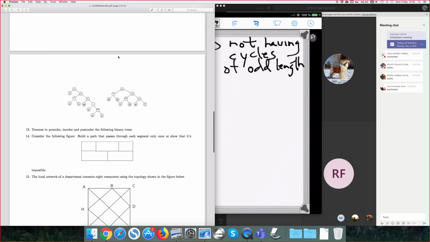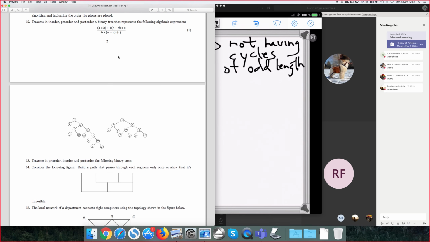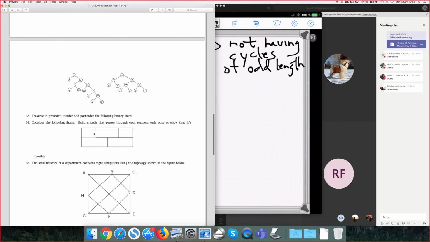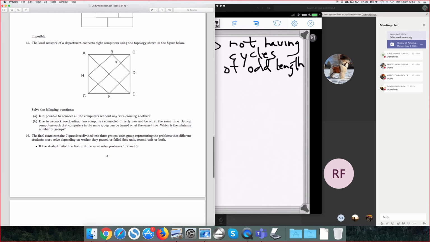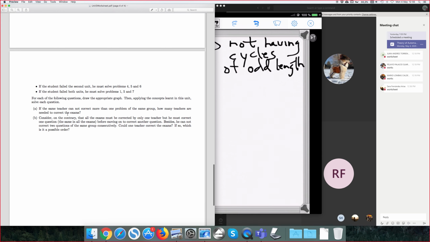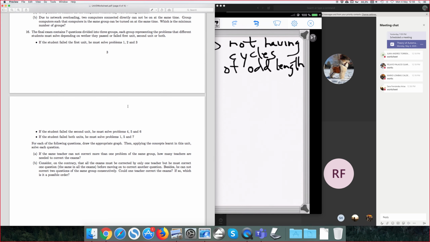Okay, but these are similar to the one that we solved in the exam. 14 is similar to 10, and 15 and 16 were solved in a previous seminar. So almost every exercise in this worksheet has been solved, or at least you know how to do it because the exercises are similar to others that have been solved. Okay? Any question?